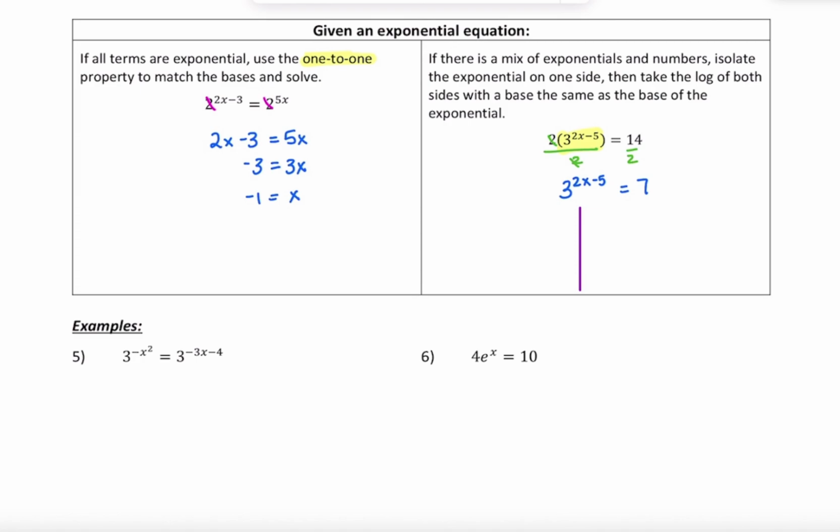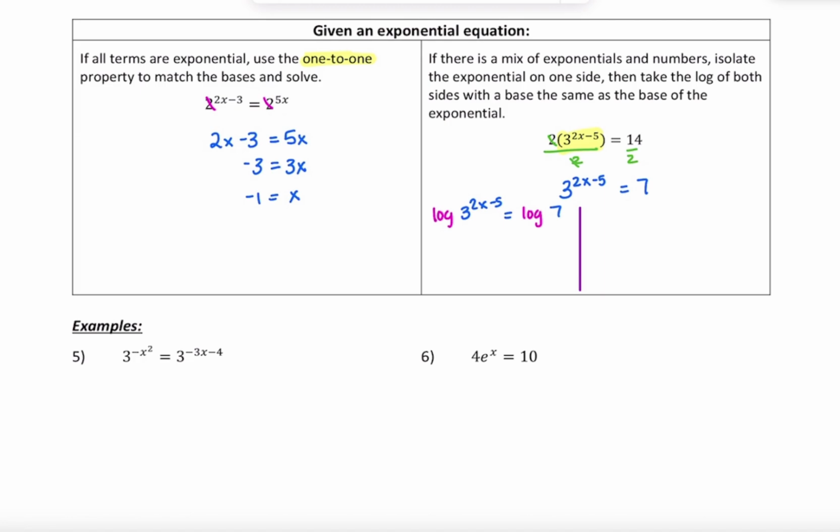So option 1, we can take the common log of both sides because we have the log button on our calculator. So I'm going to take the log of 3 to the 2x minus 5 equals the log of 7. Okay, and remember, it's just an operation.